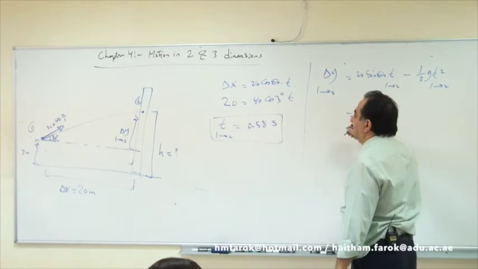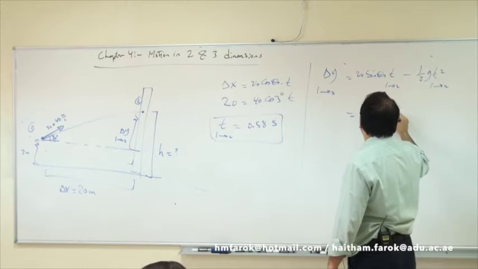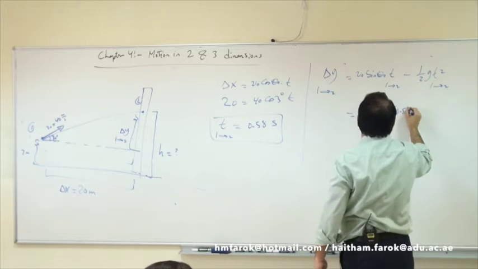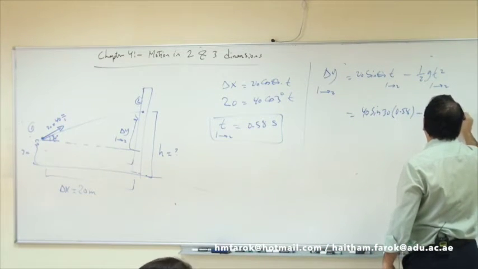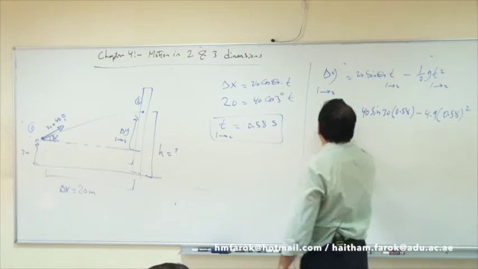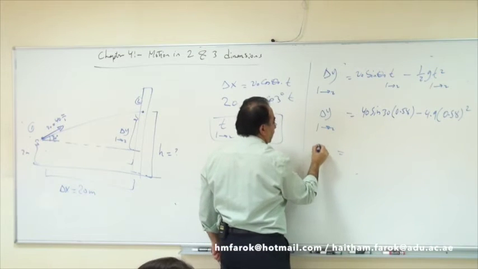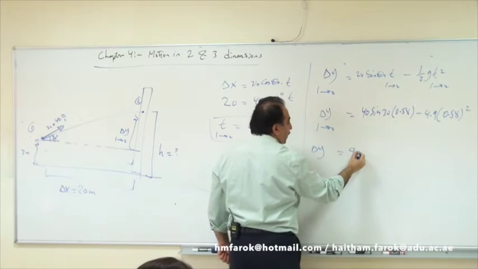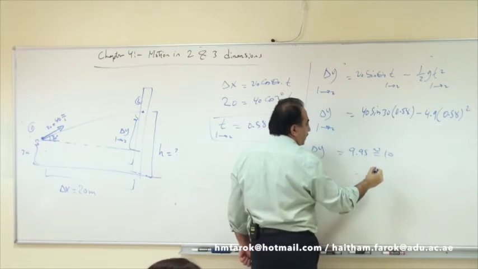V naught 40 sine 30 times 0.58 minus 4.9 times 0.58 square. What we'll find here, delta y from 1 to 2, is 9.95. Nearly 10 meters, yeah?